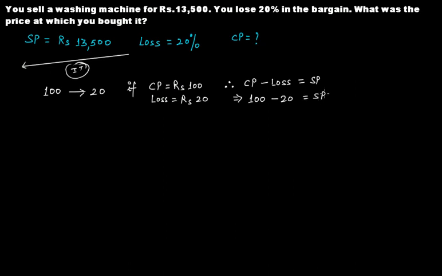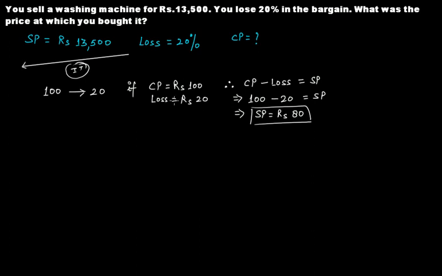This will be selling price. So selling price comes as rupees 80. That was really simple, right? So this 20% tells us that when our cost price is 100, we make a loss of rupees 20. That is, if the cost price is 100, loss is 20, therefore selling price will be rupees 80 on this condition.